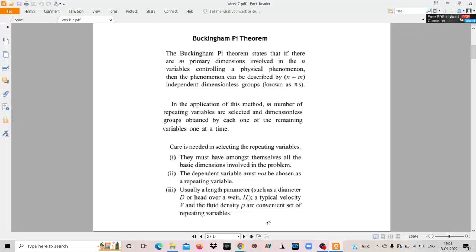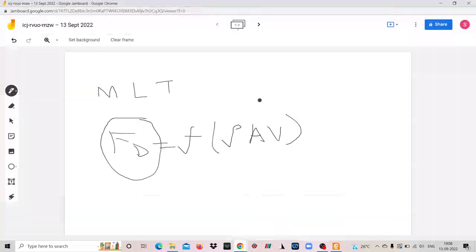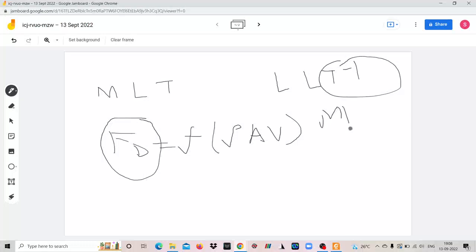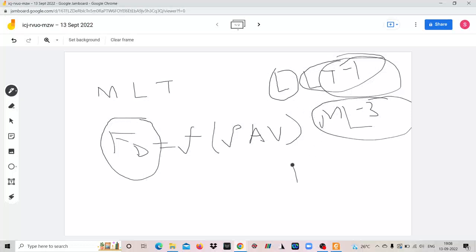Length contains L. Velocity is L T^-1, so time is also exhausted. Density is M L^-3. So if you select a length, a velocity and a density dimension, then the first rule, that all three fundamental dimensions M, L and T must be there, is satisfied.